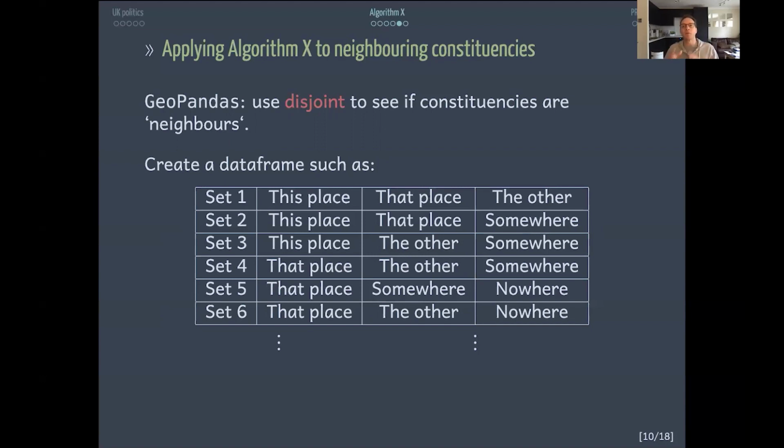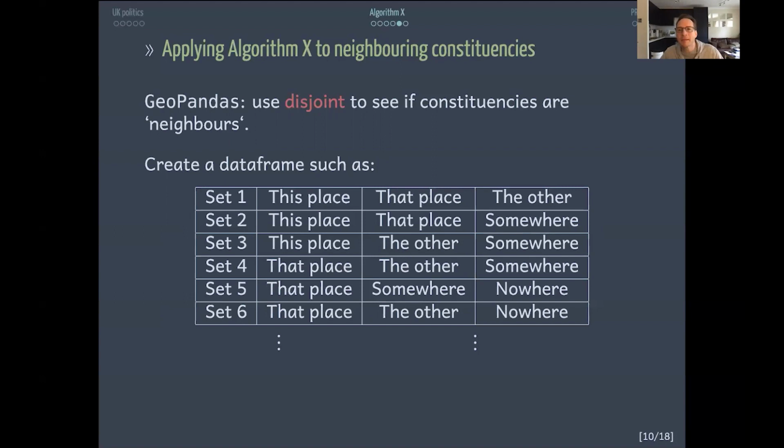So I had shapefiles for all 650 constituencies in the UK, and I created data frames such as this one. So you can say set 1 is this place, and set 2 is that place and somewhere else. So these, for example, would form a 3-way constituency link as well.